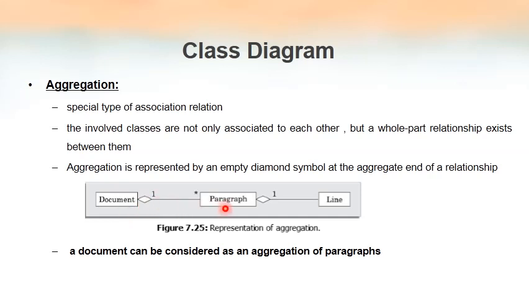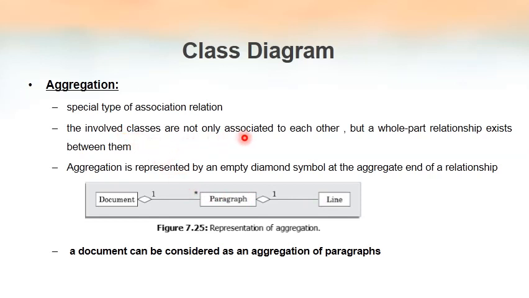We represent aggregation by means of an empty diamond at the aggregate end of the relation. Here the document is the aggregate, so this is the aggregate end, and here we have to draw the empty diamond. This entire representation can be read like this.